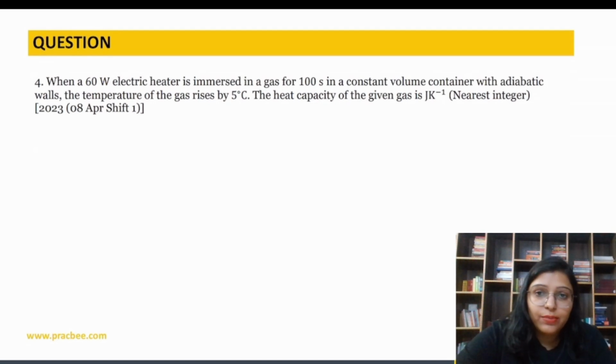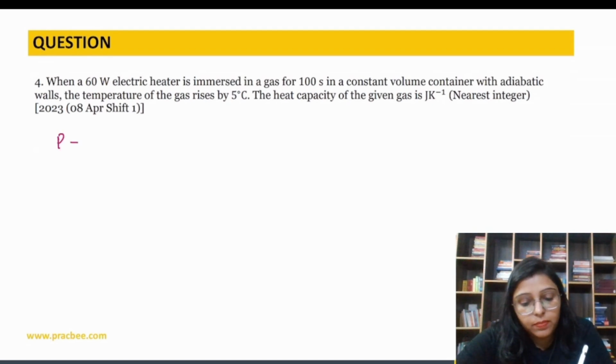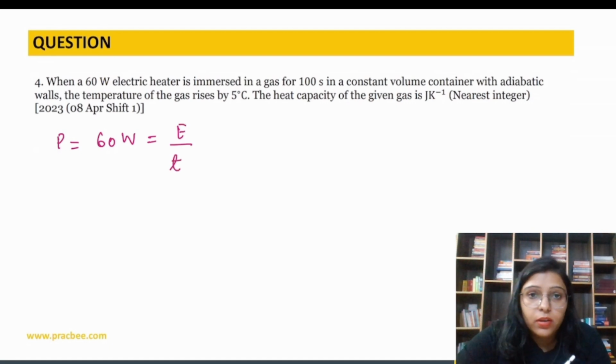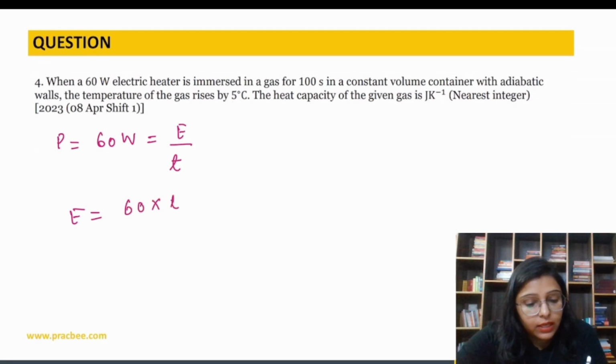When a 60-watt electric heater is immersed in a gas jar for 100 seconds, 60 watt, that is, power is 60 watt, that is energy per unit time, for 100 seconds. So it means energy associated with this electric heater is 60 into time, which is 60 into 100, which is equal to 6000 joule.